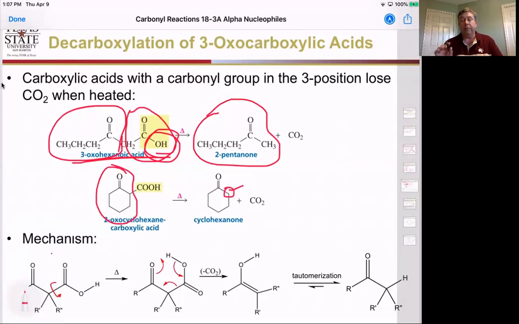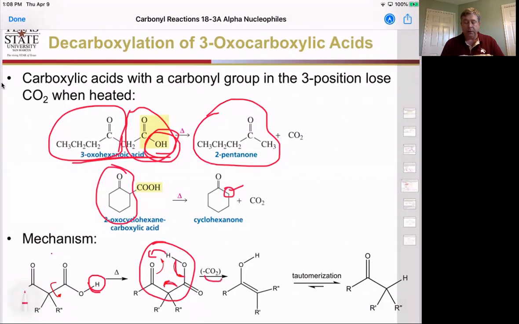The way this happens is that because there's a proton here on the carboxylic acid, it can actually rearrange to form this six-membered hydrogen bonded ring. Once we form that six-membered hydrogen bonded ring, it transfers the hydrogen to the ketone right here, and that allows electrons to kick in and the electrons kick over here.